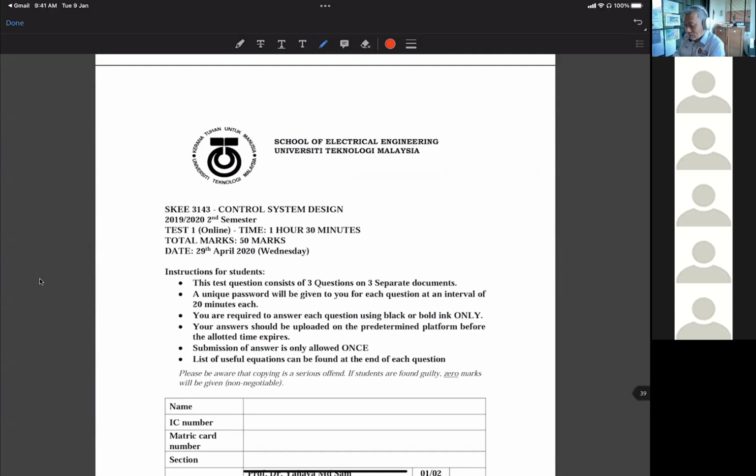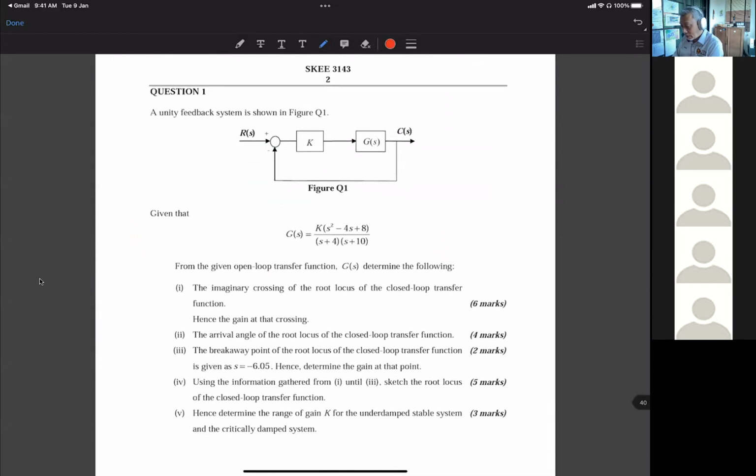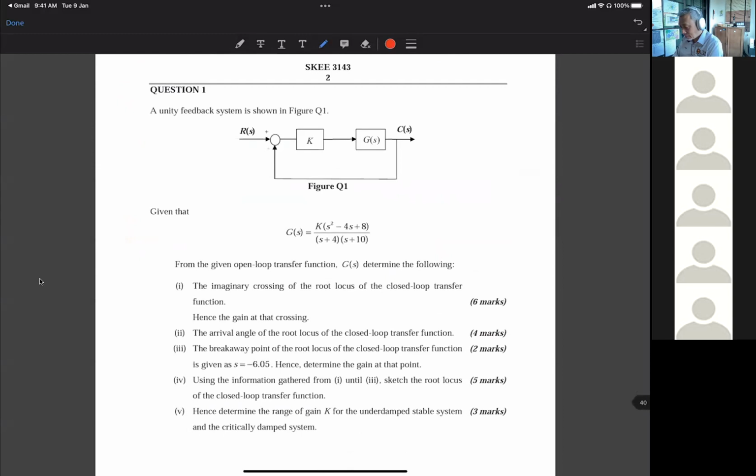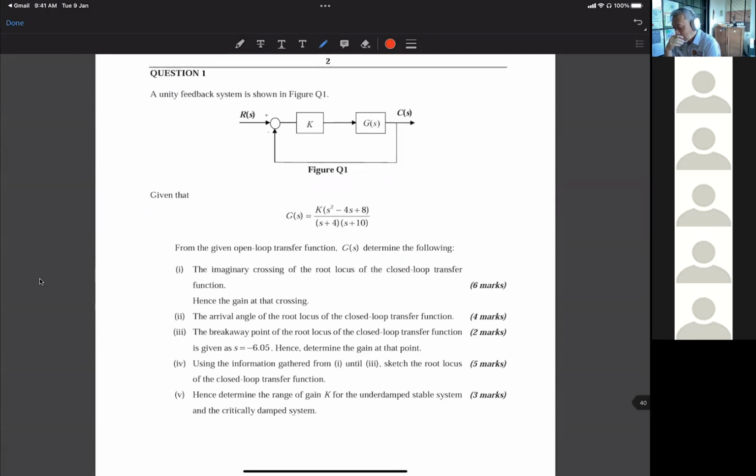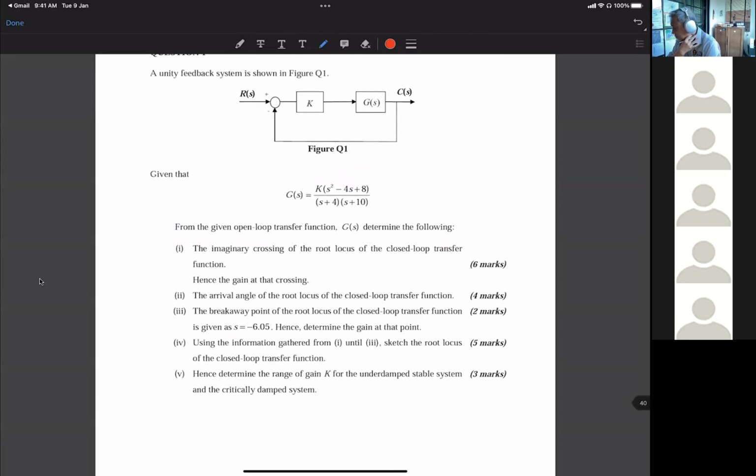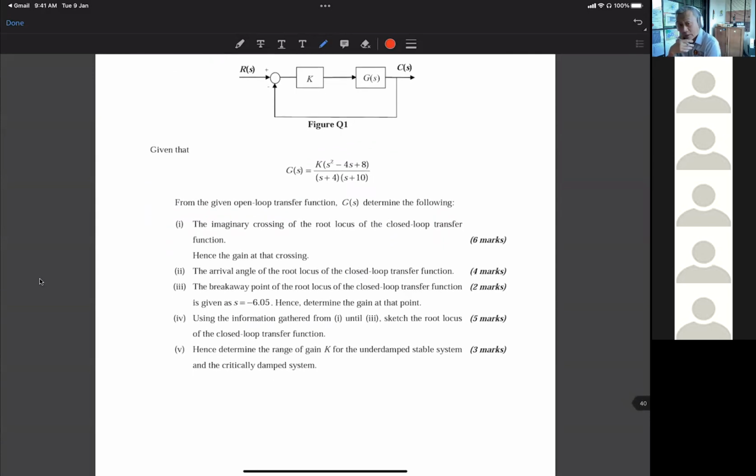Can you go to the last one, 29 April 2020, test one. Can you read the question, please? Unity feedback system is shown in figure Q1. Given the open loop transfer function G(s), determine the following: the imaginary crossing of the root locus of the closed loop transfer function, hence the gain at that crossing.